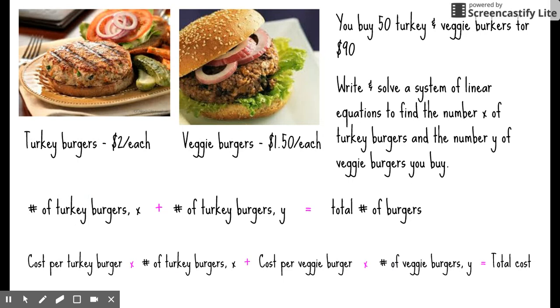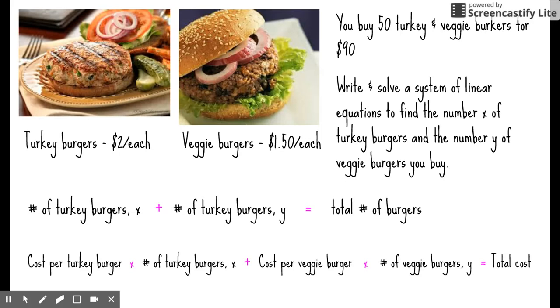Now let's take a look at a real world example, okay? You buy 50 turkey and veggie burgers for $90. Turkey burgers are $2 each, and veggie burgers are $1.50 each. We need to figure out, by writing and solving a system of linear equations, the number x of turkey burgers and the number y of veggie burgers we bought.